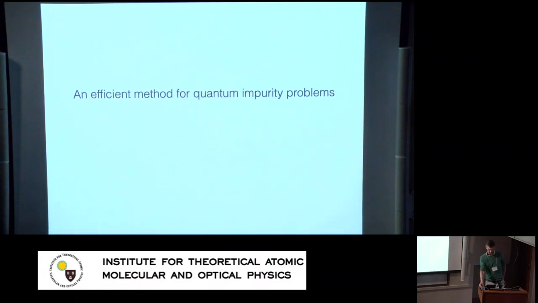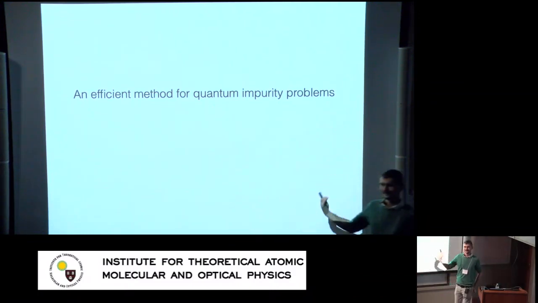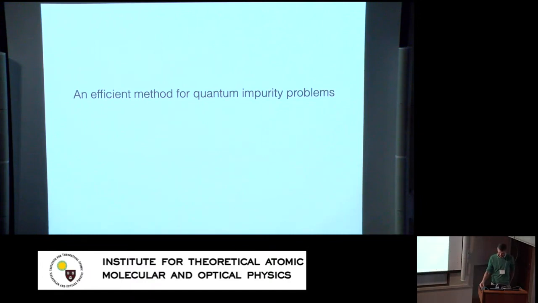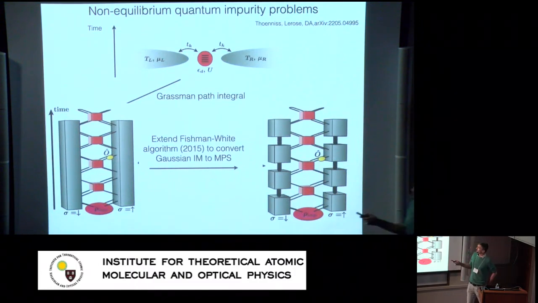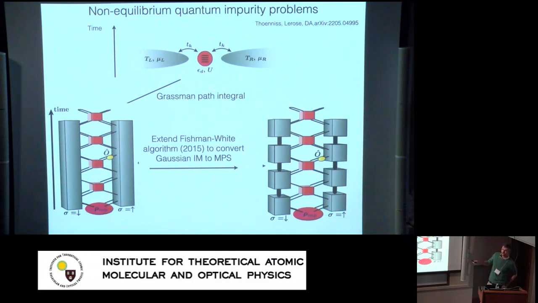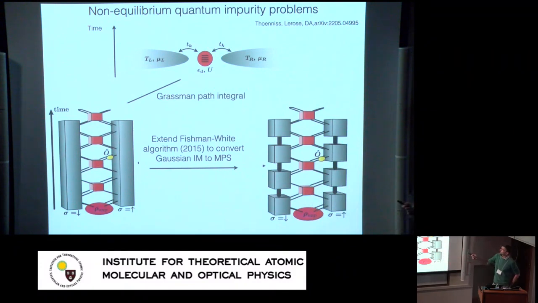Instead, let me tell you a little bit about applying what we've learned about temporal entanglement of non-interacting quasi-particles to quantum impurity models, because these models are exactly like that. The way these models work, you have an interacting impurity, for example a few orbitals with Coulomb interactions, and then you have reservoirs which are made of non-interacting quasi-particles.